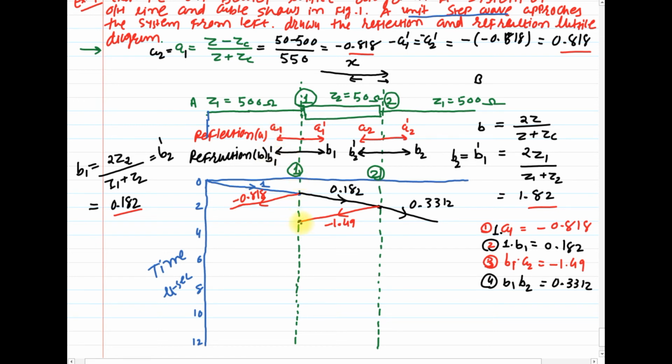Next, again from this point there are two possibilities, refraction and reflection. So from the junction 1, if it is refracted over here, then we have to multiply the fifth one.